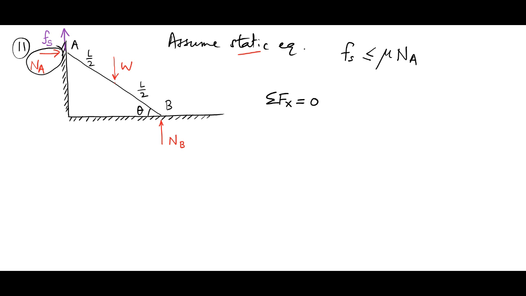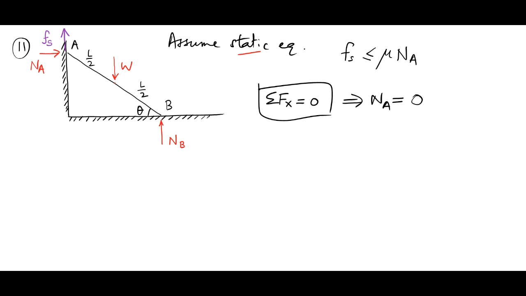And if sigma Fx must be equal to 0, it follows that Na, the only horizontal force in the diagram, must be equal to 0, and we will of course put that value of Na in the FBD.